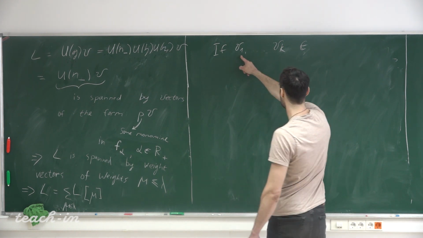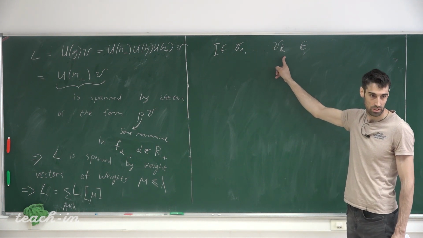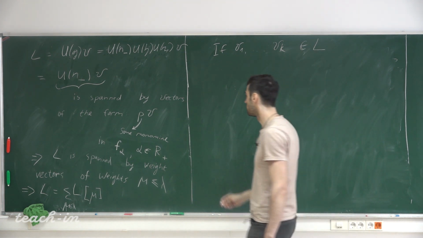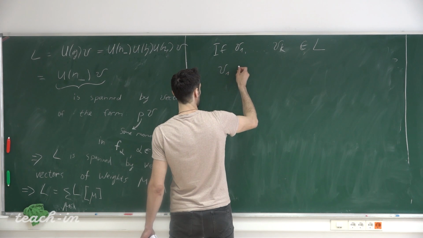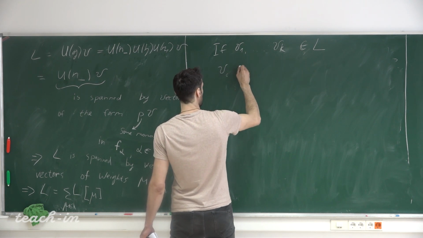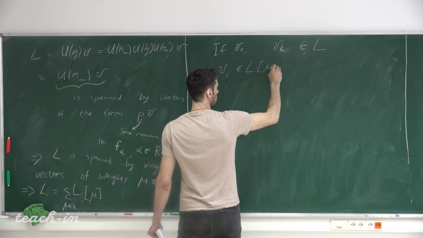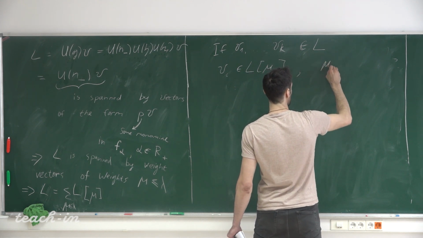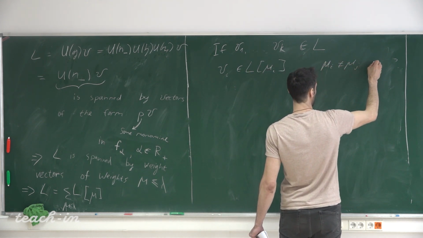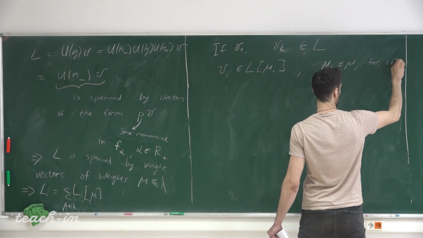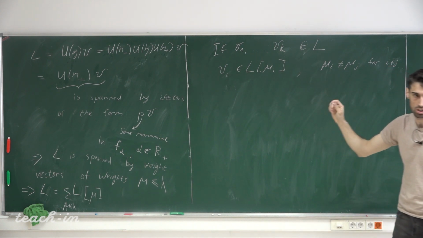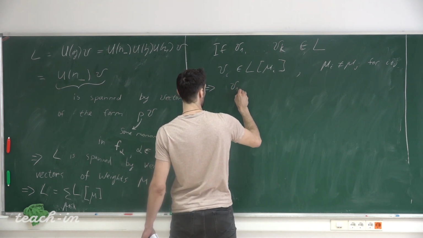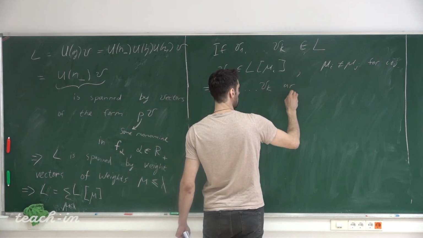So I claim that if I have a bunch of vectors in my L, say V1, ..., Vk, which are all weight vectors, and also mu i is not equal to mu j for i not equal to j, then V1, ..., Vk are linearly independent.